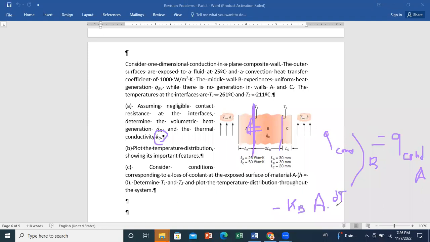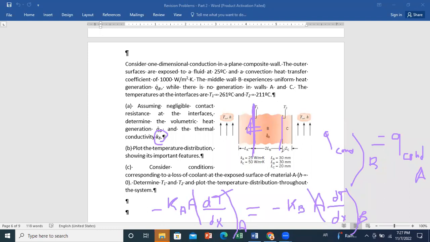This is the formula, okay? dT by dx in material B, of course, equals the conductive flux in material A, which is minus Ka times area times dT by dx in material A. Now, since it's the same area, the area will cancel out.